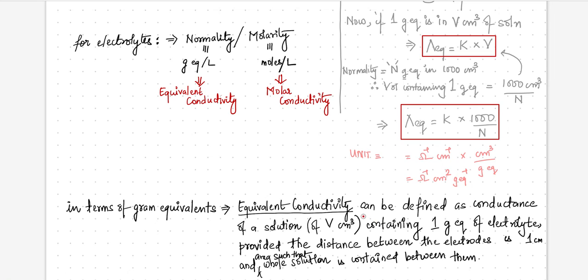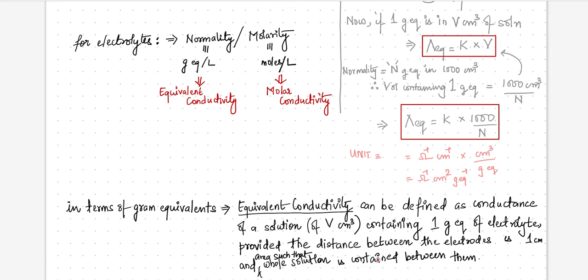Definition wise, equivalent conductivity can be defined as the conductance of a solution of volume V centimeter cube containing 1 gram equivalent of electrolyte, provided the distance between the electrodes is 1 centimeter and the area is such that the whole solution is contained between them.